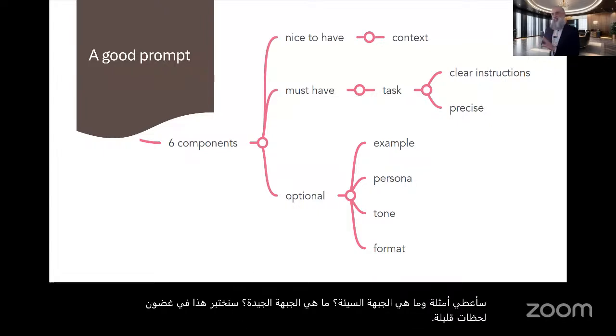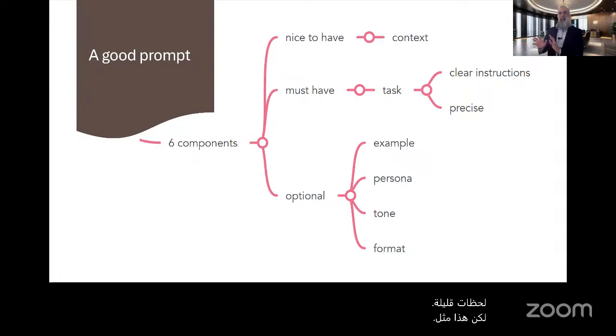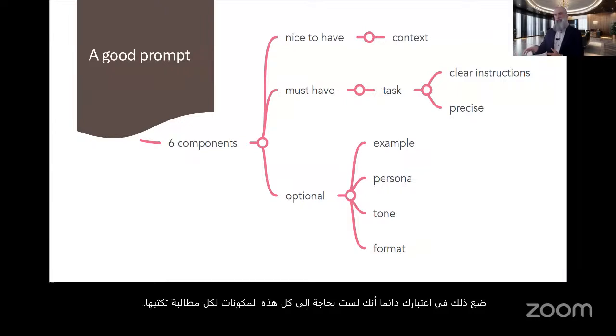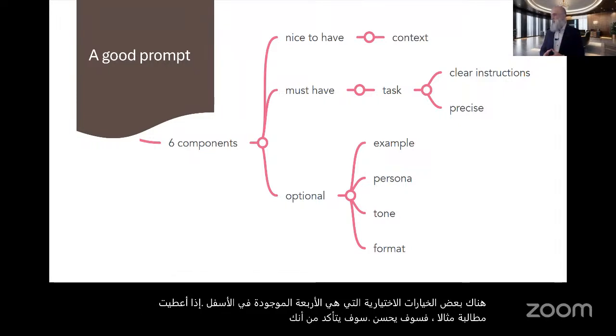But always keep this in mind, that you don't need all these components for each and every prompt you're writing. There are some optional, which are the 4 at the bottom. If you give a prompt an example, it will enhance. It will make sure that it follows this example.